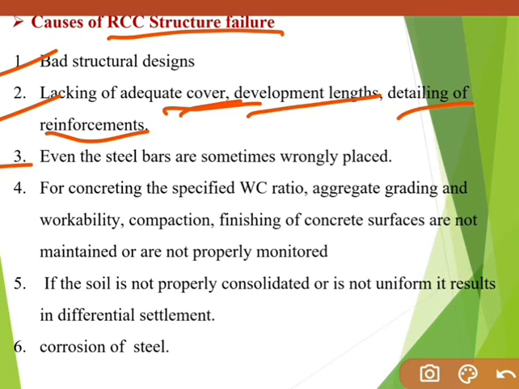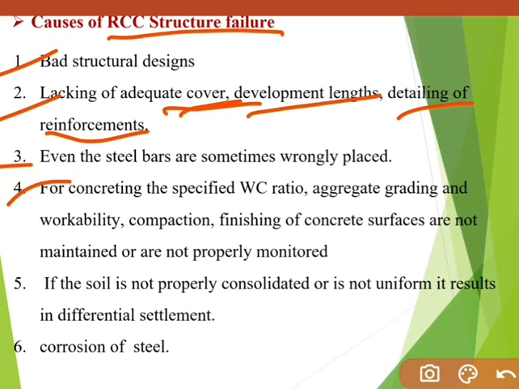Even the steel bars are sometimes wrongly placed. Sometimes if we do the work with unskilled laborers, they place the steel bars wrongly. That may also be a reason for structural failure.